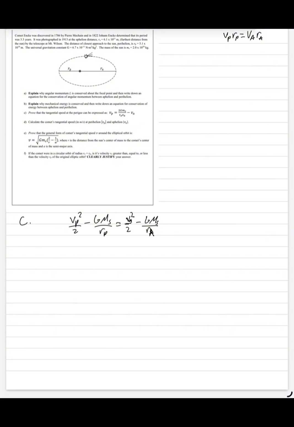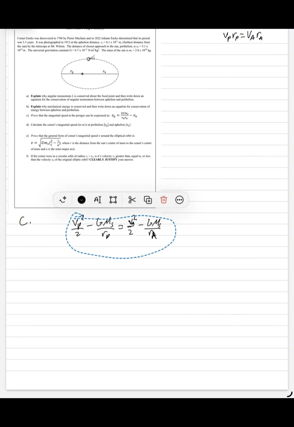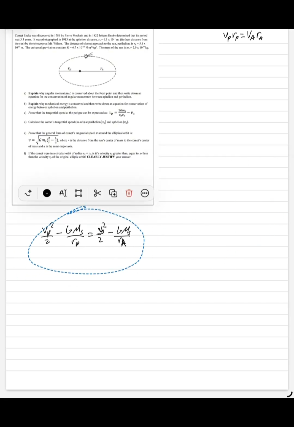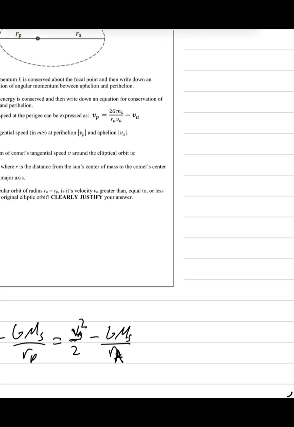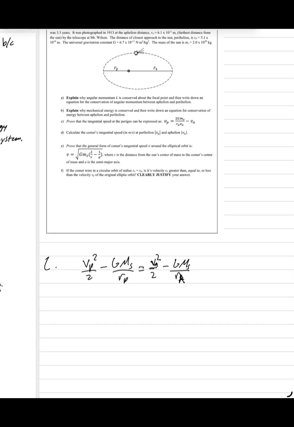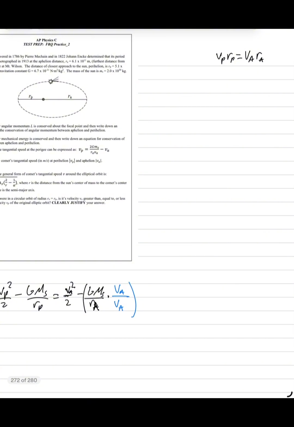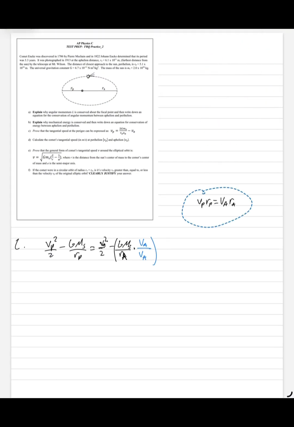For C, I'm going to use the equation we just had for part B. Since I see that R A and V A are at the denominator, I'm going to multiply the right term, which is this thing, by V A. And I'm going to replace R P using this thing right here.